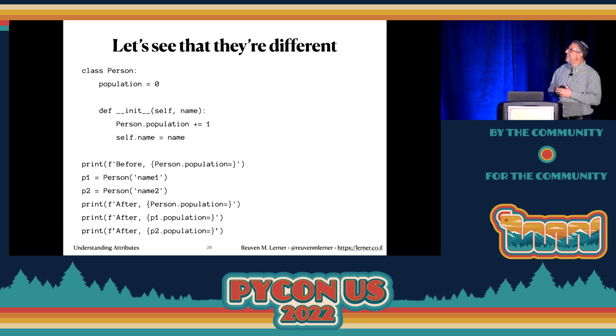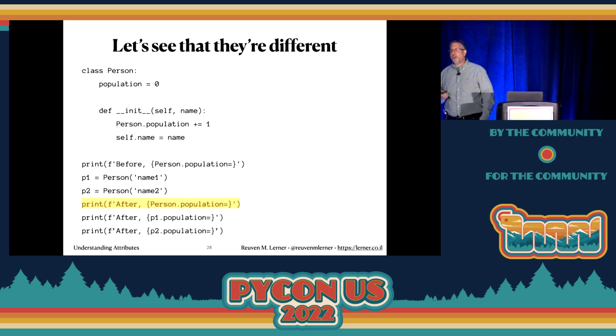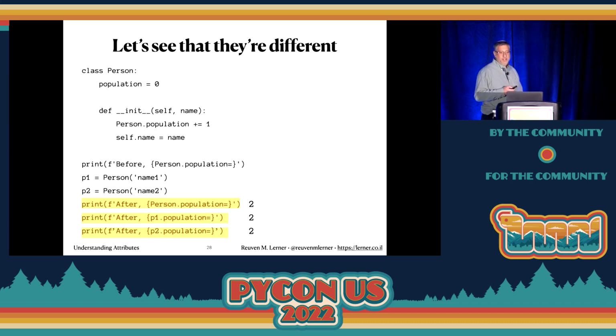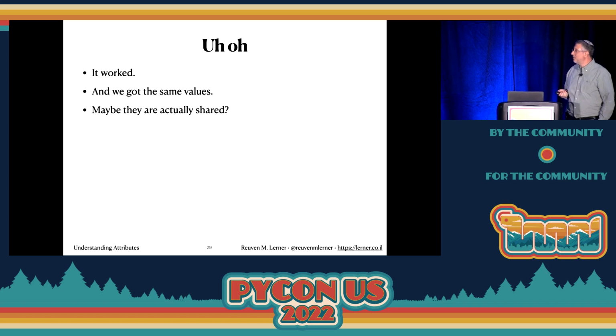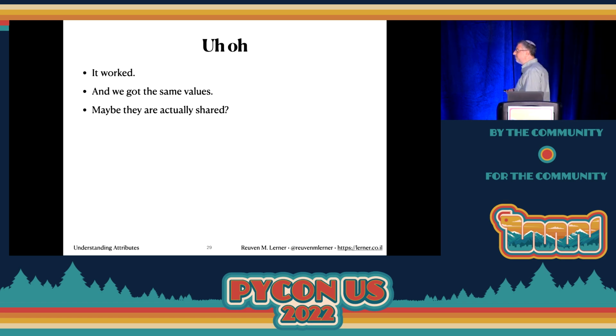Well, let's see that they're different. So I'm going to add a little code here. After we've created our two person objects, I'm going to print person.population, p1.population, and p2.population. See, person.population I get 2, p1.population I get 2, p2.population I get 2. Uh-oh. It worked, and we got the same values. So maybe they are really shared.